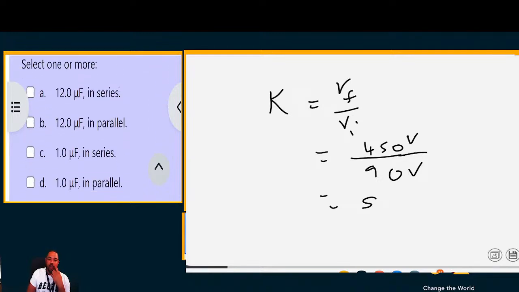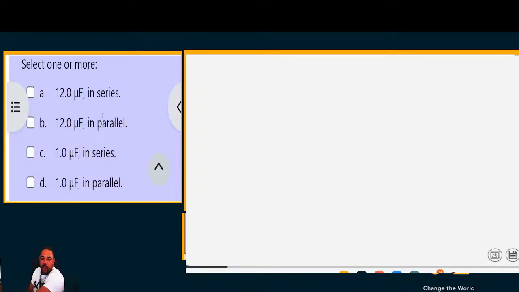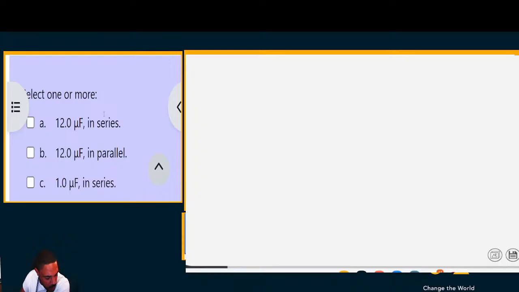Okay, let's check each one of them. 12 microfarad in series. Let's check if it's in series. We can check each one of them. These are the options. So 12 microfarad in series.